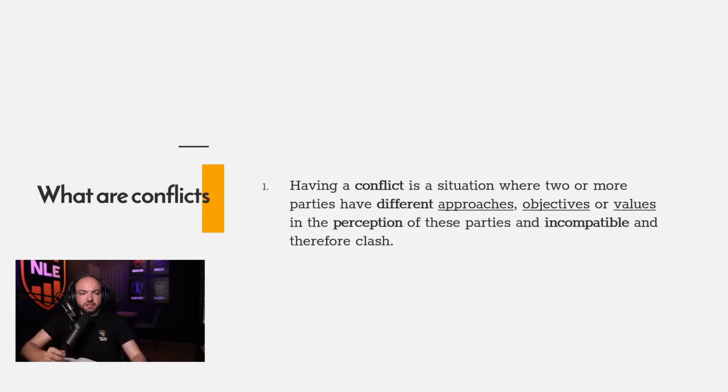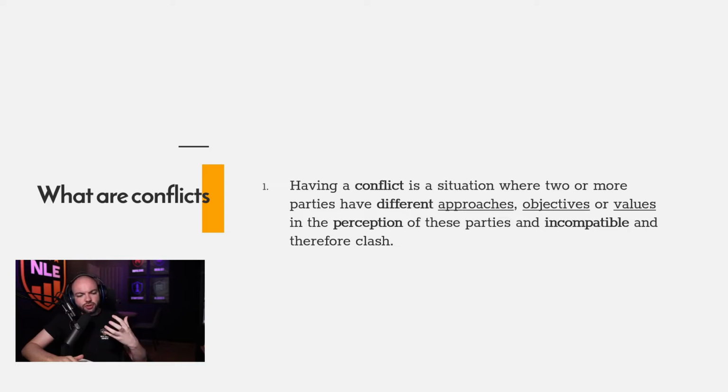It's about differences between approaches, how we should approach things. Let's say, we should go left or go right in order to get that objective, or the objective is different. Oh, we should go towards this part of the map in order to take control. No, we should go to that part of the map to take control. Or there's a difference in values, how for example we should behave with one another.